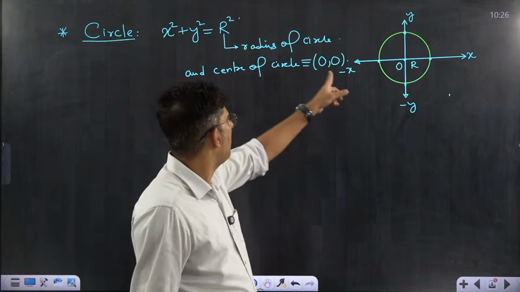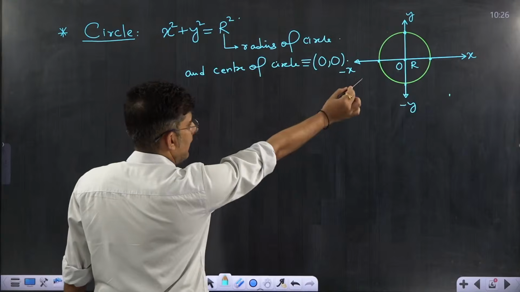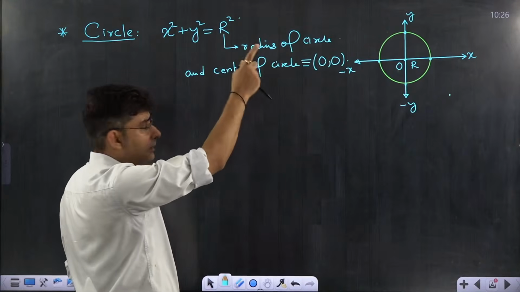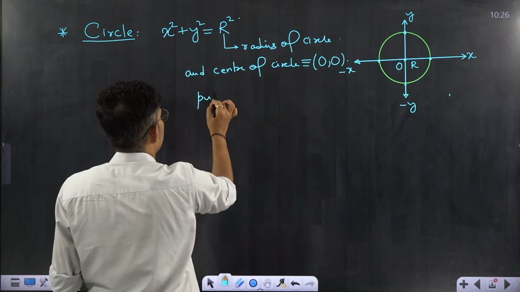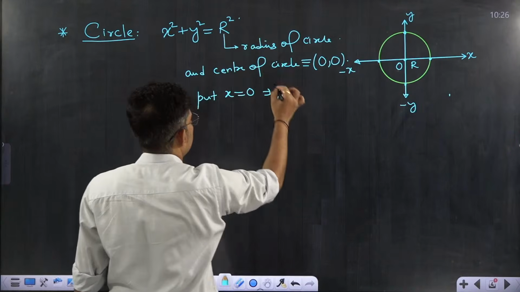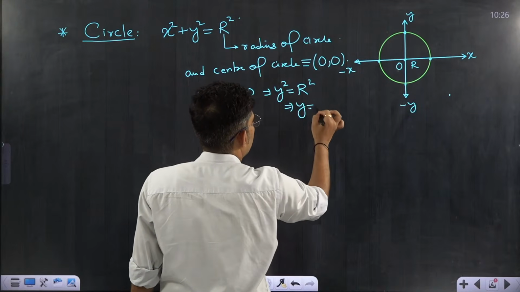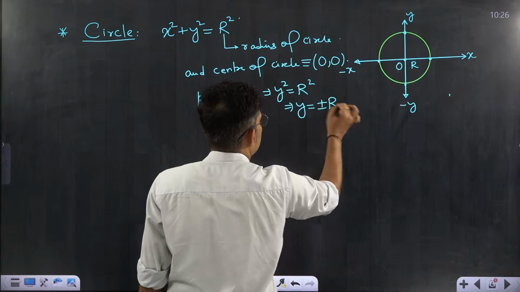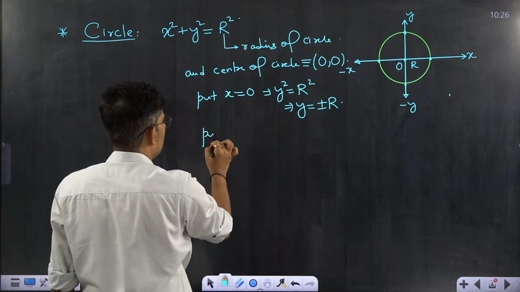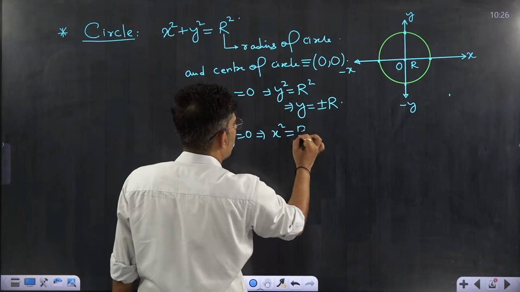So coming back. The center of the circle is at origin. Now if you see where the graph is cutting, I have told the method, put x is 0. Beta, if you put x equals 0, you will get y square is r square. So y square being r square, that means y will have two possible values, plus and minus. And if you put y equals 0, you will get x square equals r square.